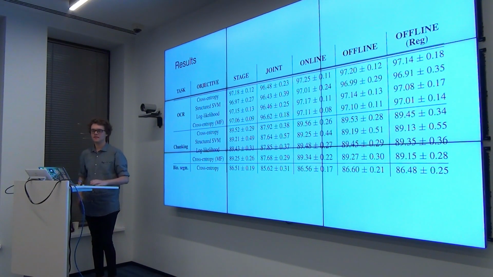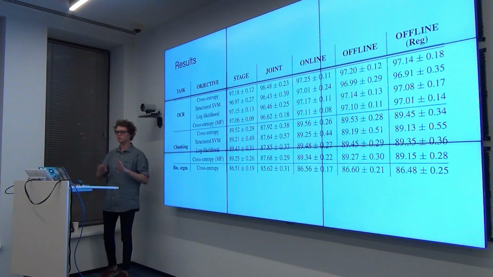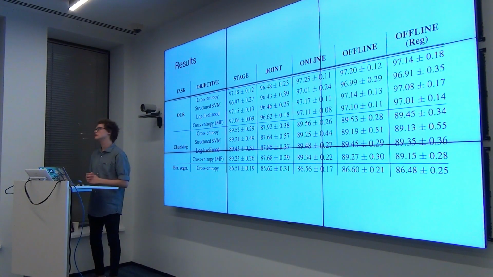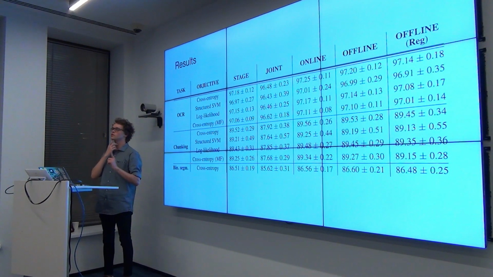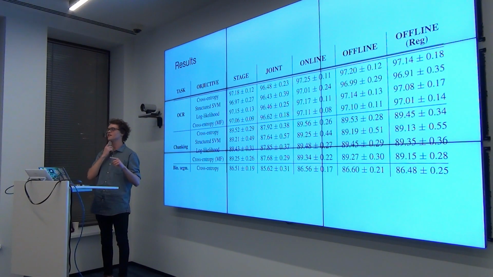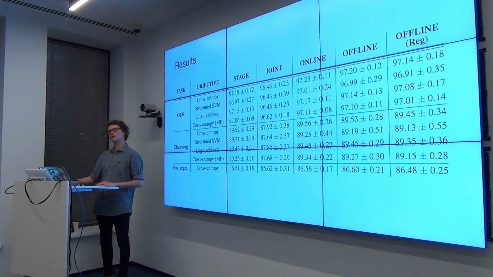So do you have any intuition? Yes, because if you have many pairwise potentials, you should increase the alpha. And alpha is the strength of unary potentials.